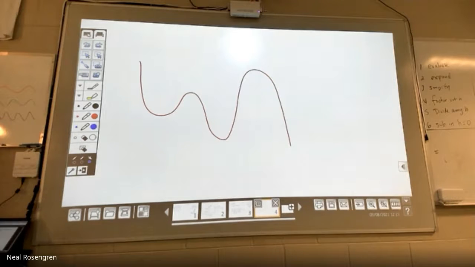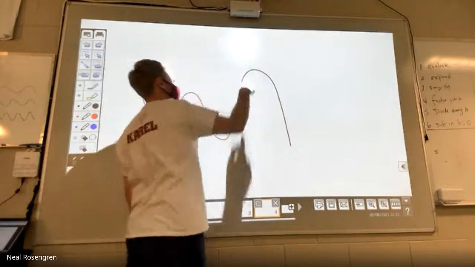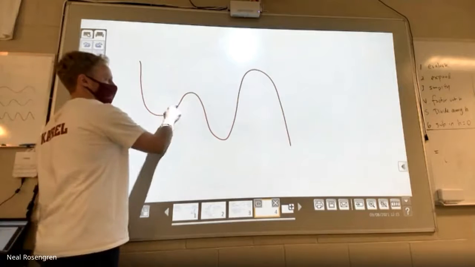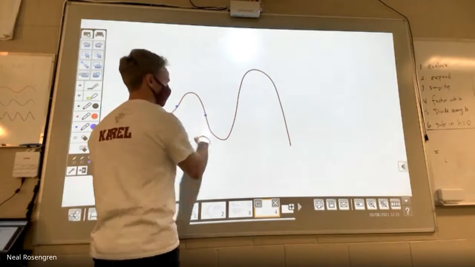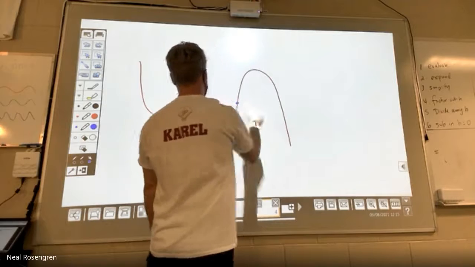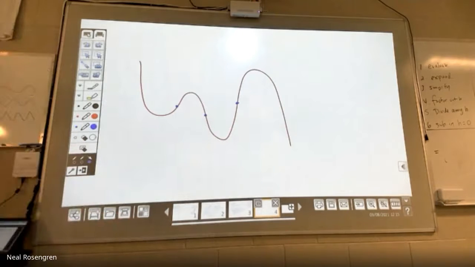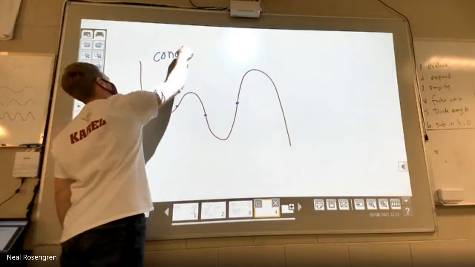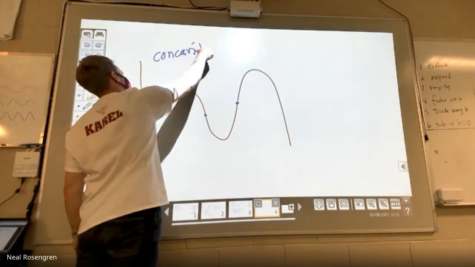So not where it's 0, not these points here, but the points here, here, here, where the slope of the tangent line is the steepest in the space nearby, whether in the positive or negative direction. What you see is a change in something called concavity. And this is the chapter 4 idea.